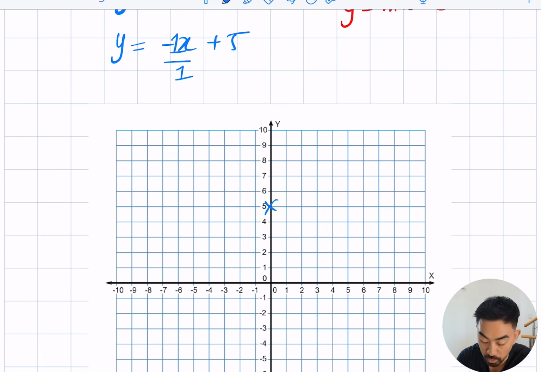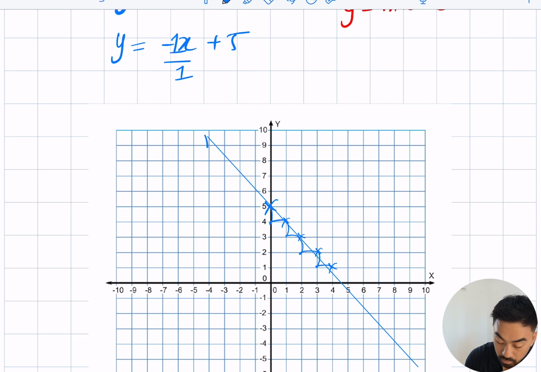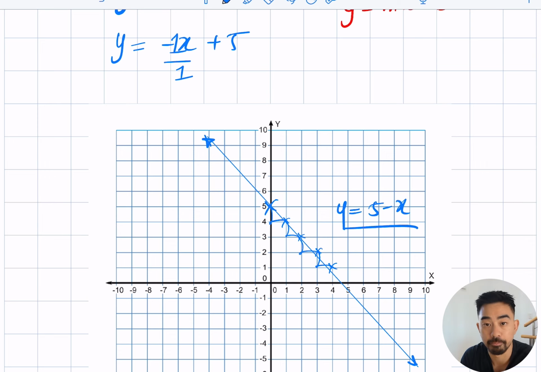So all I need to do is come down 1, across 1, and repeat. So there is my line. So y is equal to 5 minus x. Done.